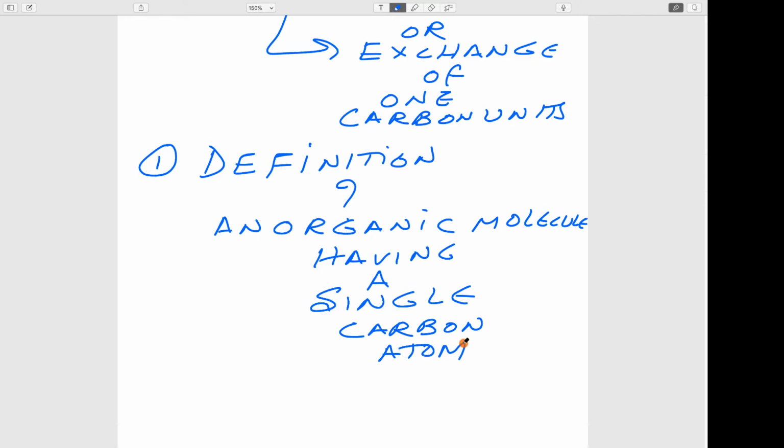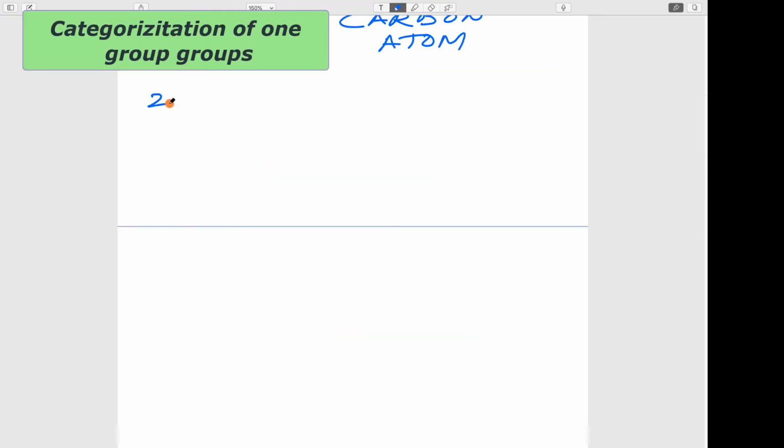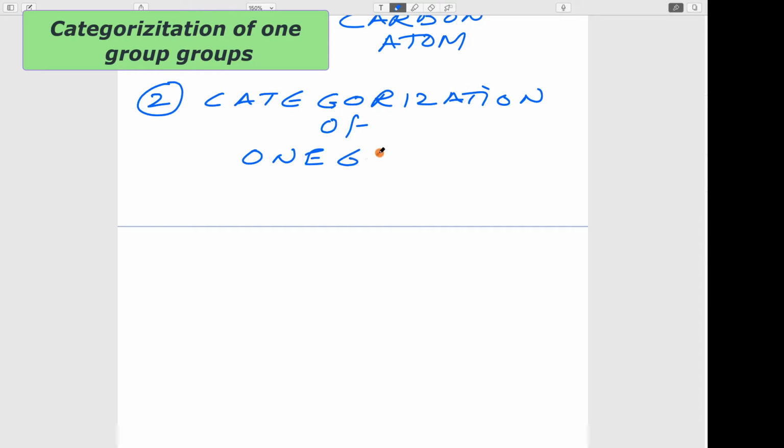Now there are a number of 1-carbon groups. The second objective is categorization of 1-carbon groups. As I said, there are many 1-carbon groups, so how are they categorized?